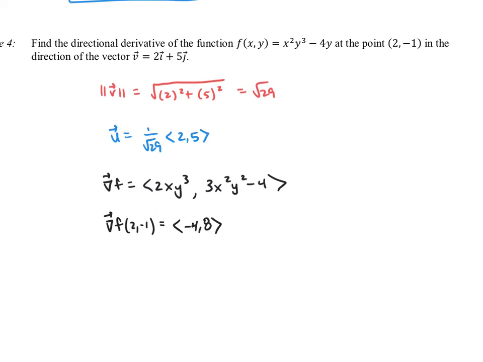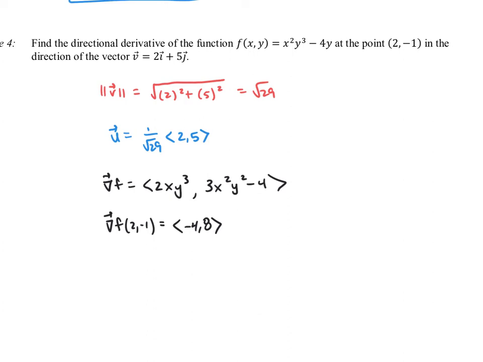Just to reiterate from the last page, if we're at the point (2, -1) and I want to know in which direction the surface is changing the fastest, the answer would be in the direction of the gradient, because that magnitude and direction allow me to increase the fastest at that moment.